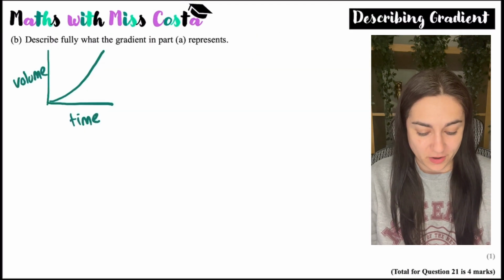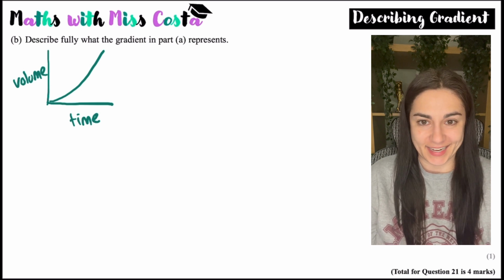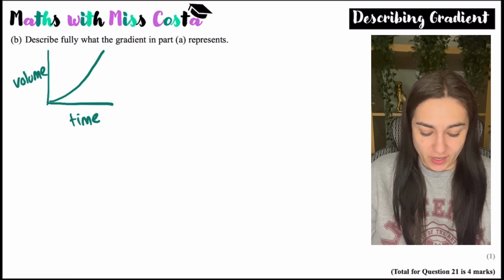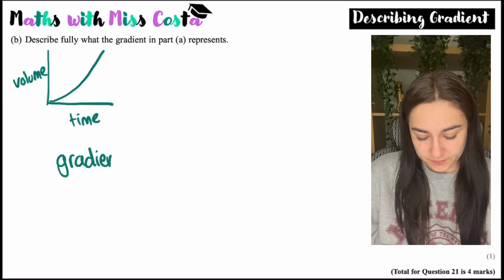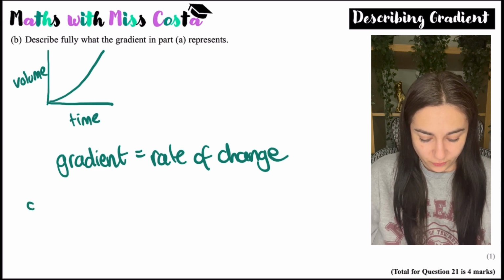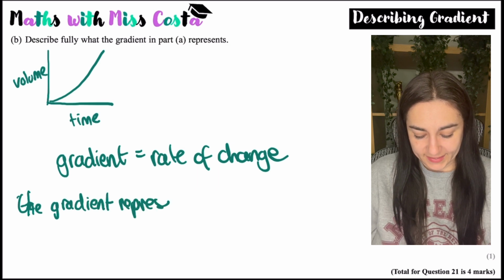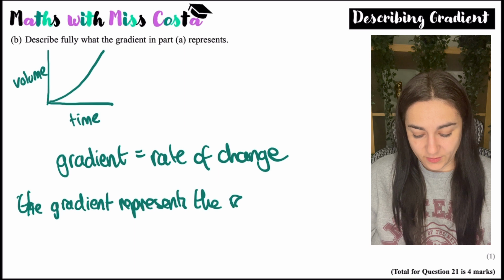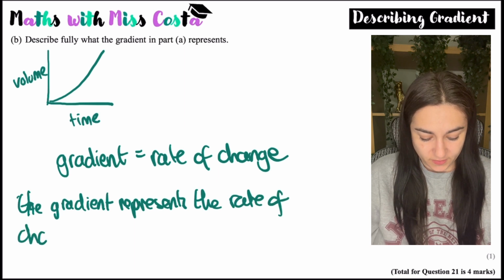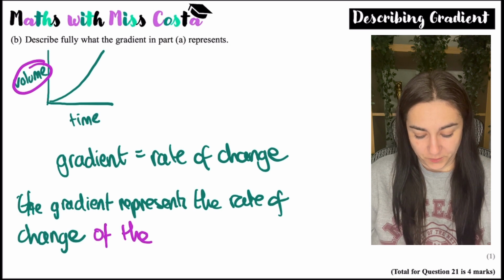Okay, so here I'm now being asked to describe fully what the gradient in part A represents. I've just drawn a little sketch of the graph. So gradient in general represents the rate of change. So put into the context of this graph, the gradient of this graph represents the rate of change of the volume.